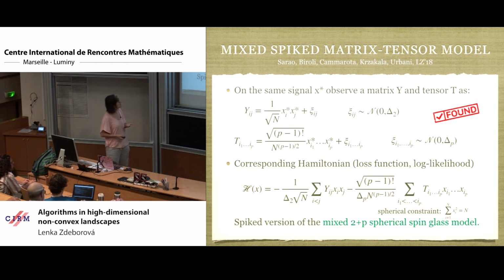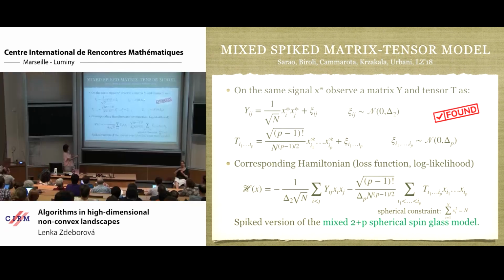So there are the cards, and then what do I observe? I observe the product plus a Gaussian noise with variance delta 2. Remember the delta 2, because all my figures later on will be in terms of delta 2 and delta p. So I observe the matrix from all pairs, and I also observe the tensor from all triples.